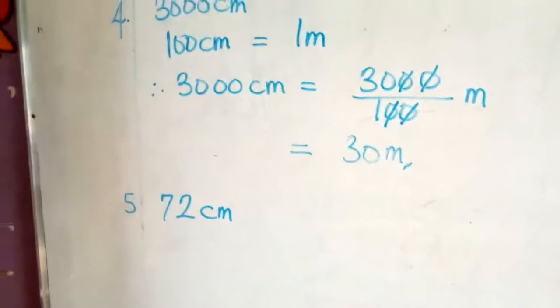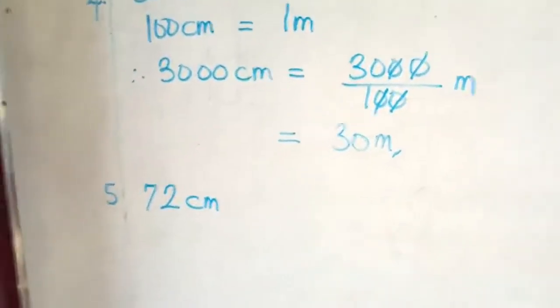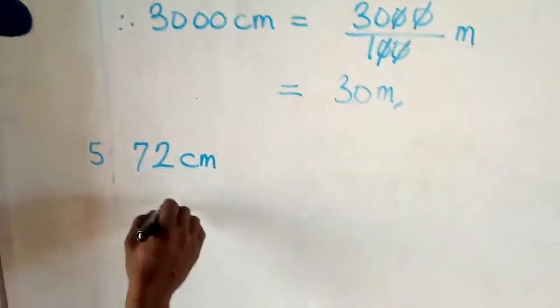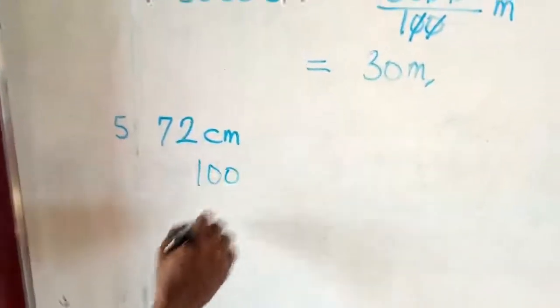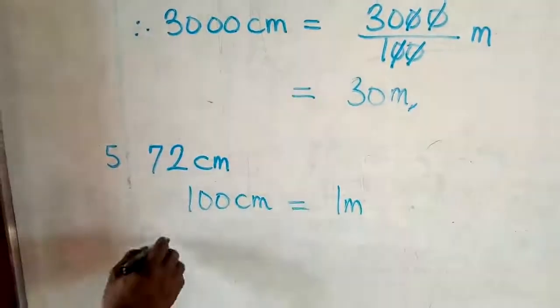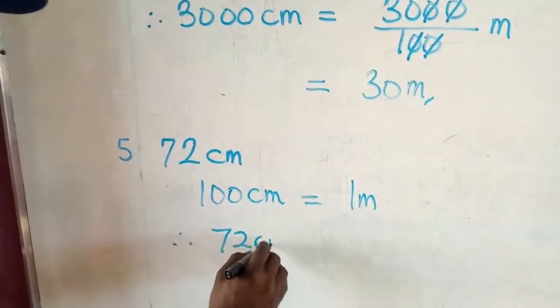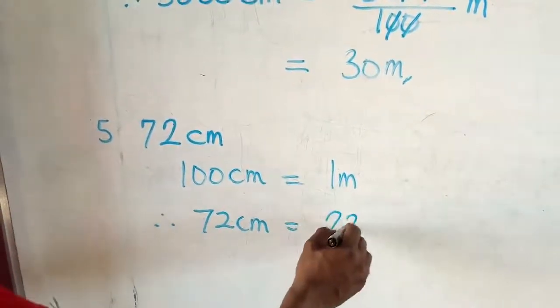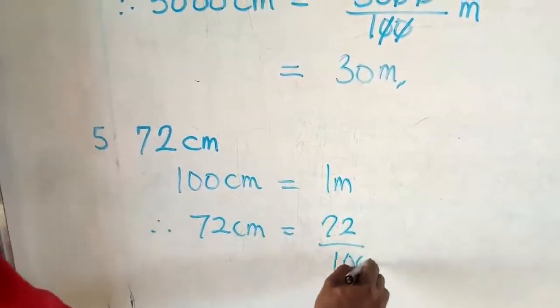Then number 5. Change 72 centimeters to meters. Don't forget your conversion factor. 100 centimeters make 1 meter. Therefore, 72 centimeters is equal to 72 divided by 100.